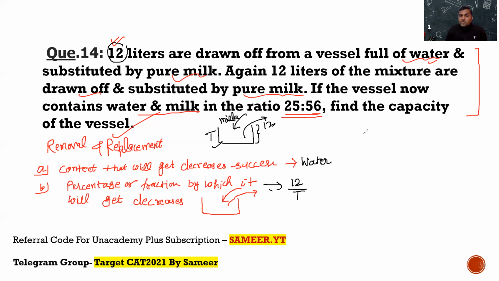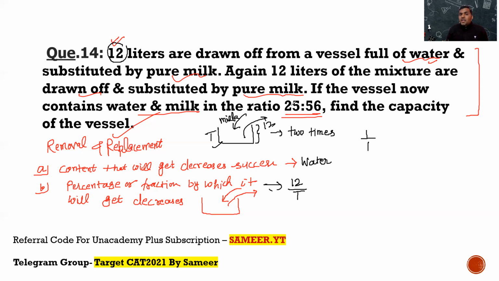Whatever the total initial quantity is, the water is 1 out of 1. And you are doing this removal and replacement process 2 times.